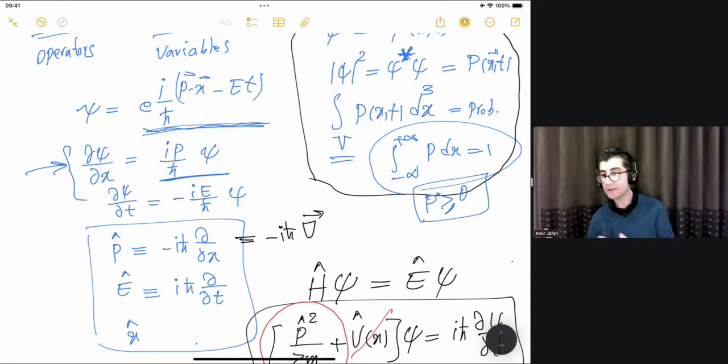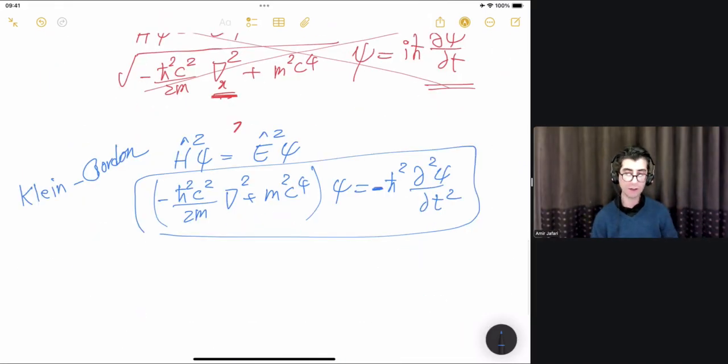It cannot be negative. But here it doesn't happen. If you define a probability density, it can be negative, so you lose the interpretation of the wave function psi as a probability amplitude. You lose this probabilistic interpretation. So the Klein-Gordon equation has this problem.